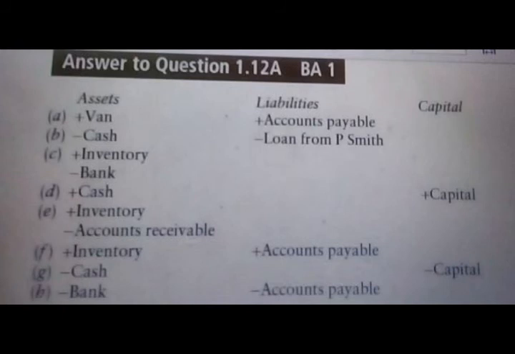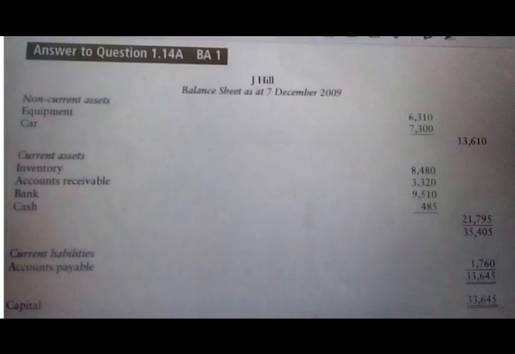I have given you the answers on the next slide, and after attempting this, you will simply take the data from the questions and apply the information into the format and you will be able to get the answers, right?